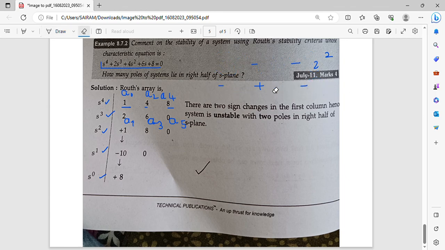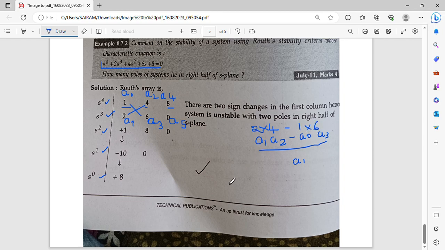And now here you find out b1. How to find out b1, I have taught you. It is nothing but a1 a2 minus a0 a3, whole divided by a1. When you do this, what comes: 2 into 4 is 8, minus 1 into 6, which is 6.